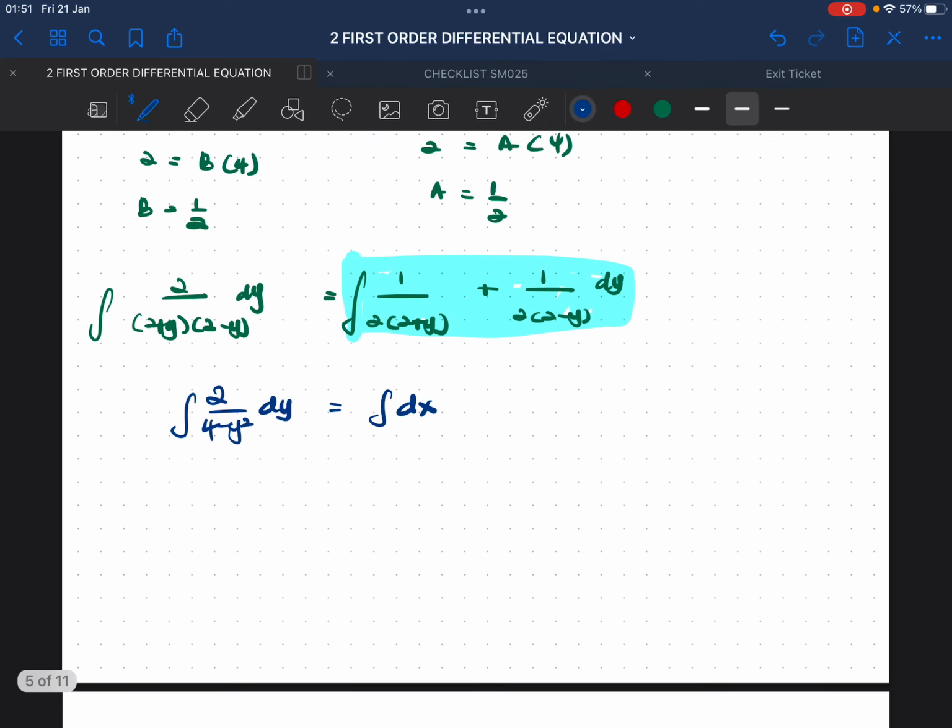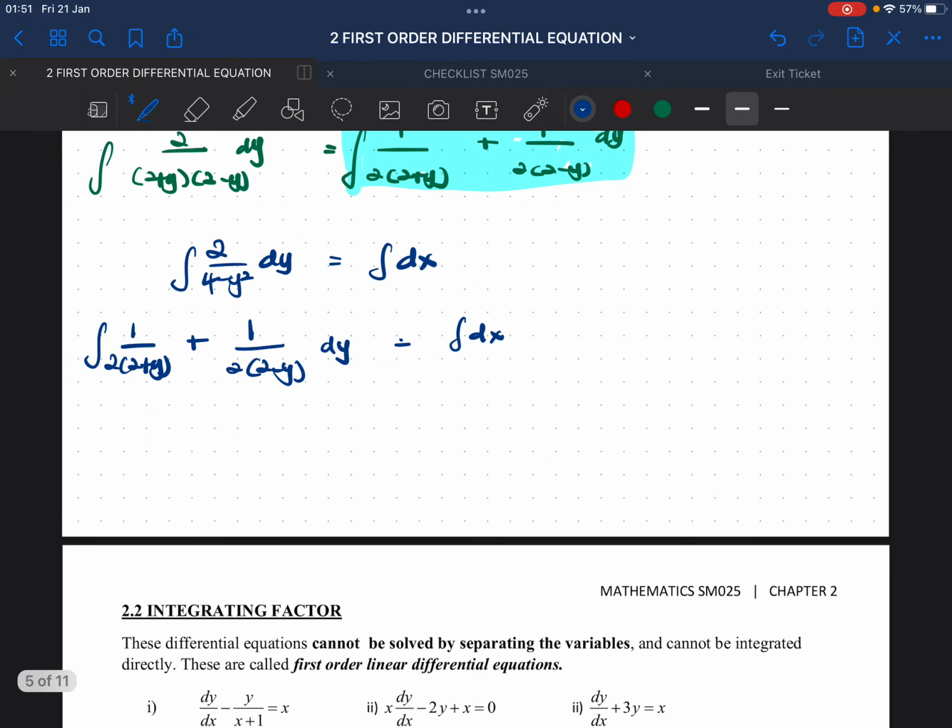So we are going to change that to integrate 1 over 2 plus y plus 1 over 2 minus y dy equals to integrate dx. Okay, so now what we are going to do is just basically integrate everything. Okay, so 1 over 2, a constant.